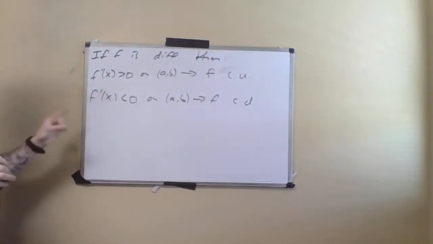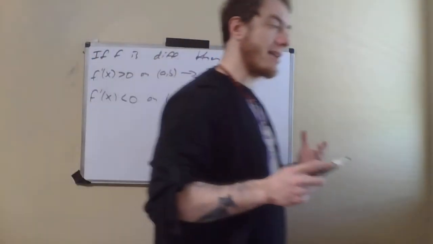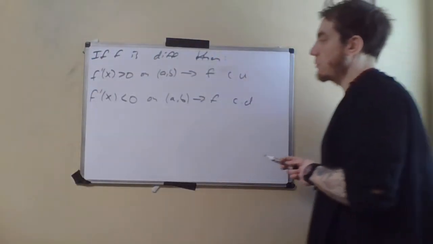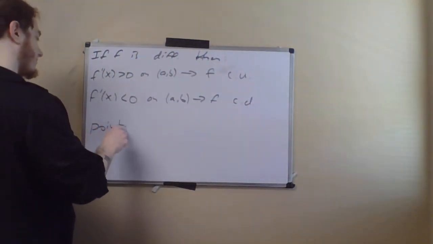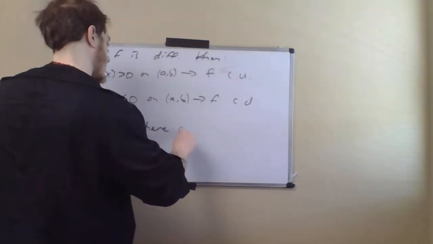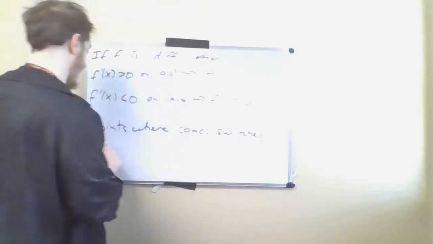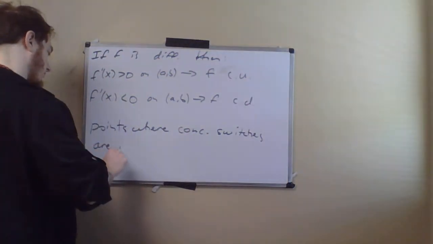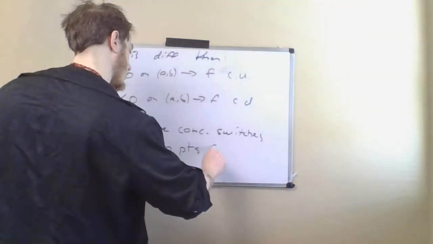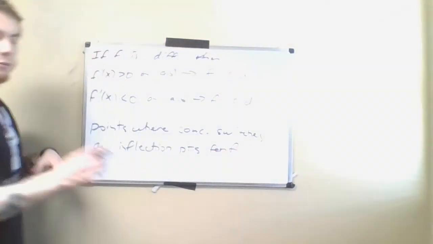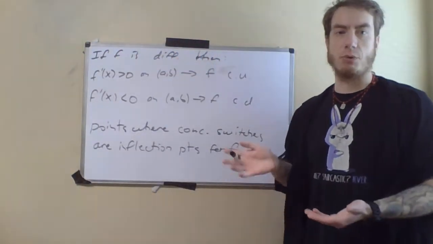Anyway, obviously, it only holds on that interval. You can have the concavity change many, many times. And we will refer to points where concavity switches as inflection points for our function f, of course, because depending on what function we're looking at, that's going to determine what inflection points we've got.